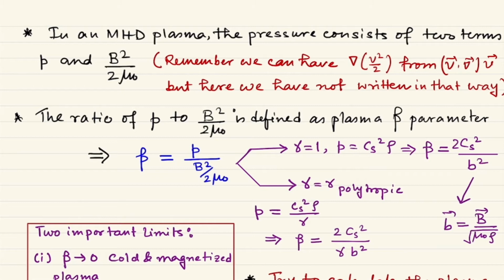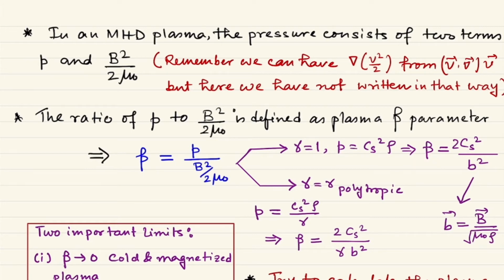Now you can easily understand that if the temperature of the plasma increases, then Cs square increases, so its beta value will increase. If on the other hand the magnetic field is very strong, then the beta value decreases.